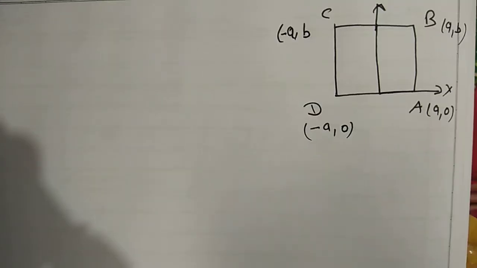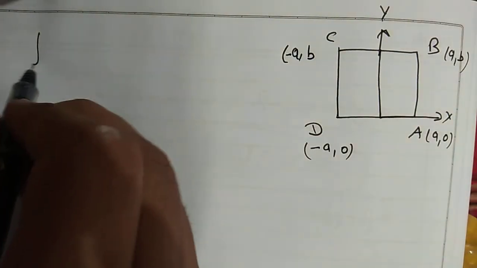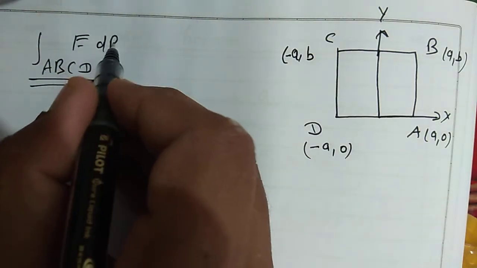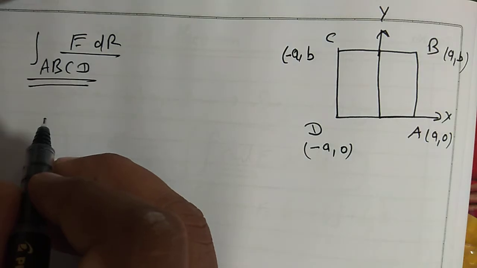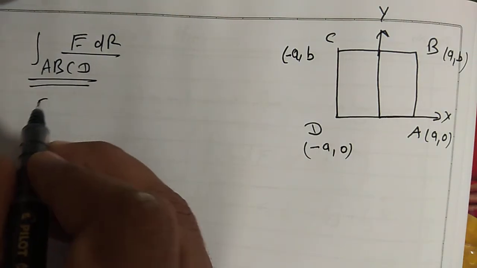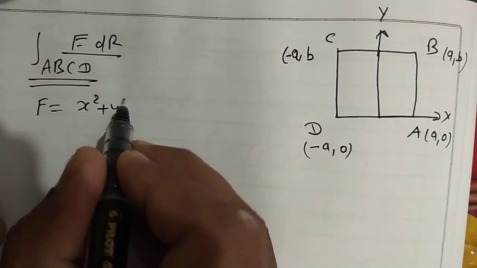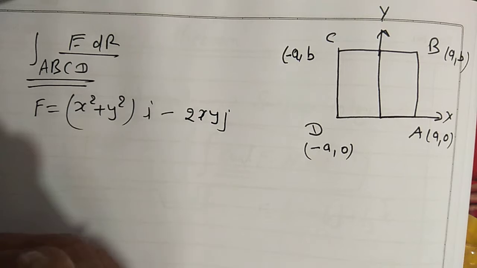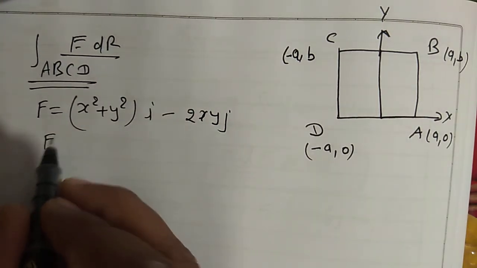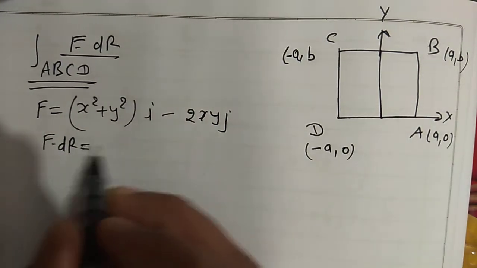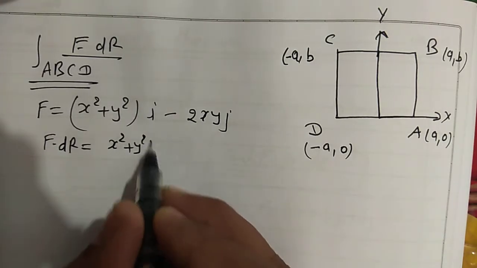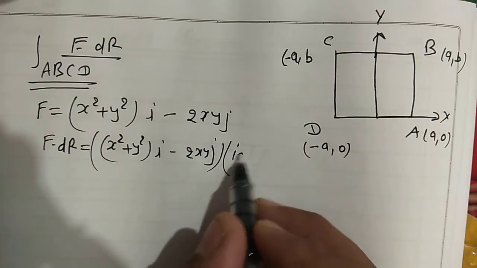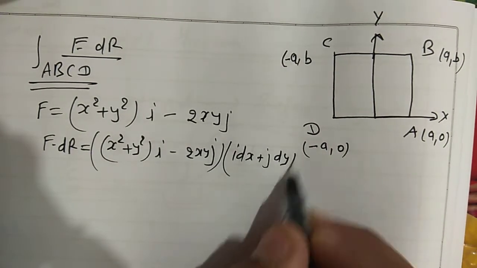So first we need to find the integral along ABCD of F dot dr. So first find out what is F dot dr. F is given here as (x square plus y square) i minus 2xy j. So F dot dr equals (x square plus y square) i minus 2xy j dotted with (i dx plus j dy).